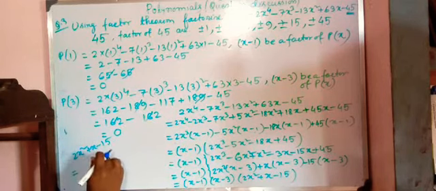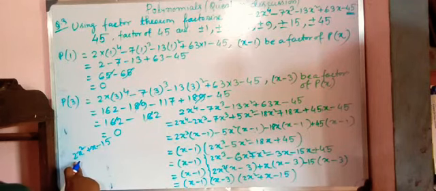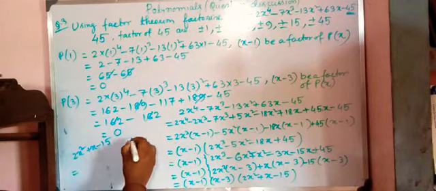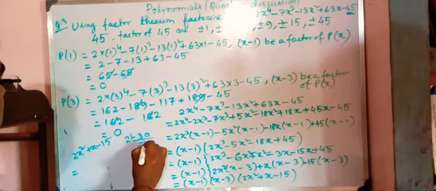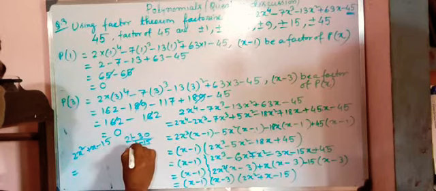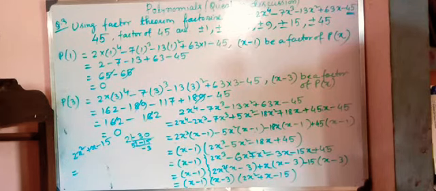So 2 into 15, that means minus 30, and we need 5 and 3.